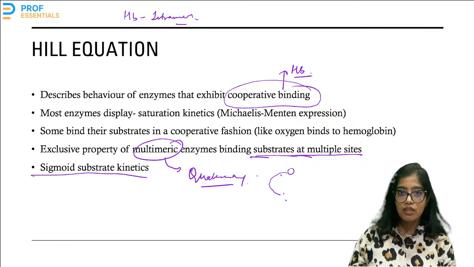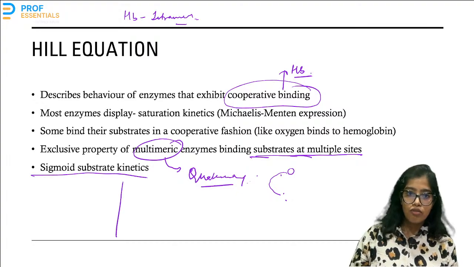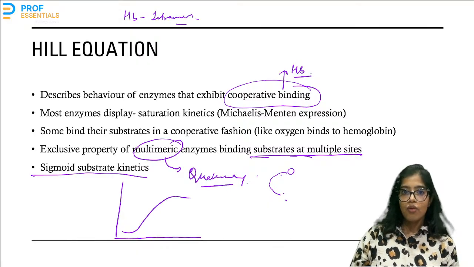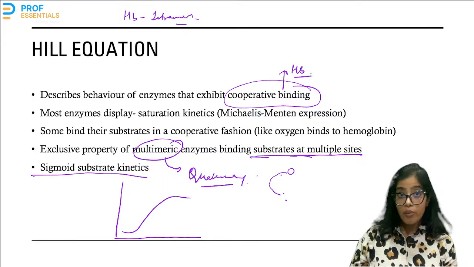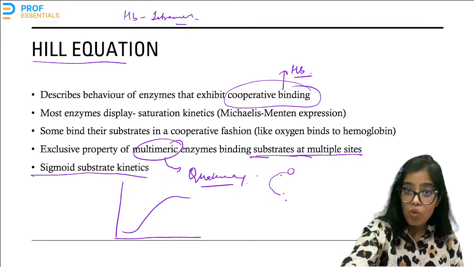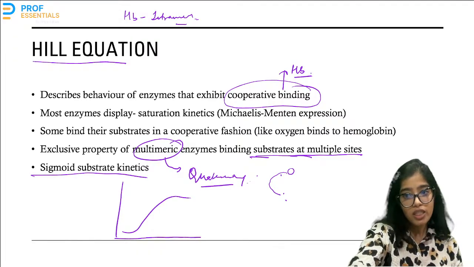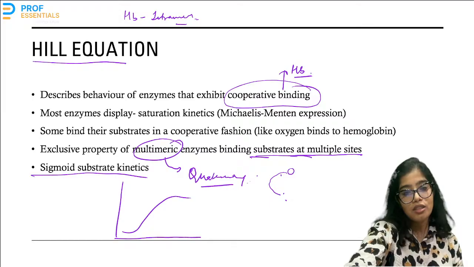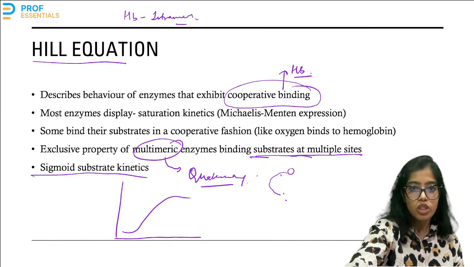Similarly, for multimeric enzymes with cooperative binding, the curve of velocity is sigmoid, like this. So this is a sigmoid curve. It is represented by the Hill equation and represents cooperative binding, whereas saturation kinetics is denoted by the Michaelis-Menten expression, is a hyperbolic curve, and displays saturation kinetics.